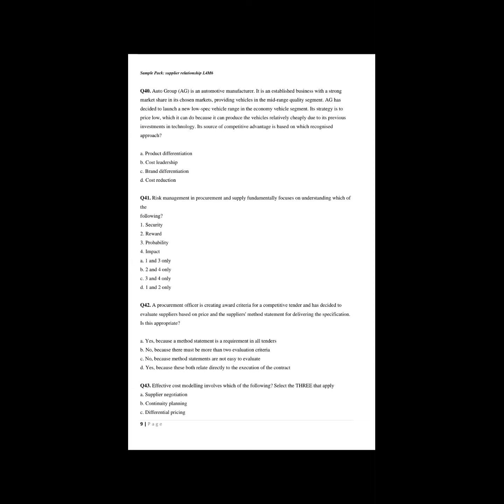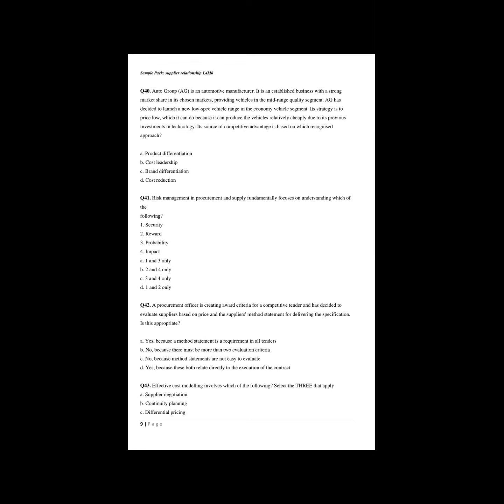B, no, because there must be more than 2 evaluation criteria. C, no, because method statements are not easy to evaluate. D, yes, because these both relate directly to the execution of the contract.